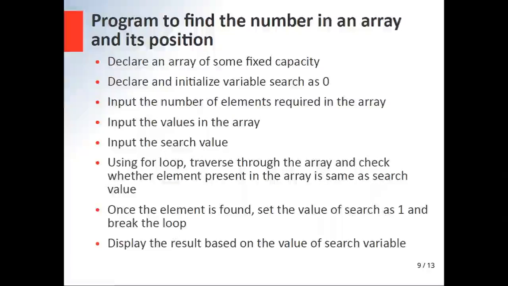So if the search variable is 1, that means we are able to find the element inside the array, and the corresponding index will give the position of that element in the array. So now we will see the program to find the number in the array and its position.